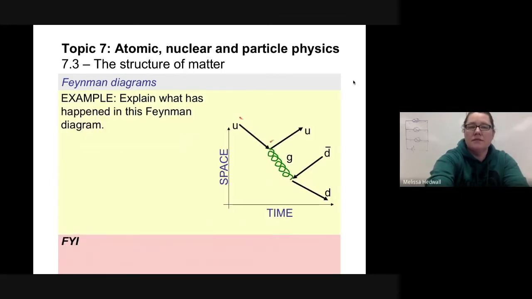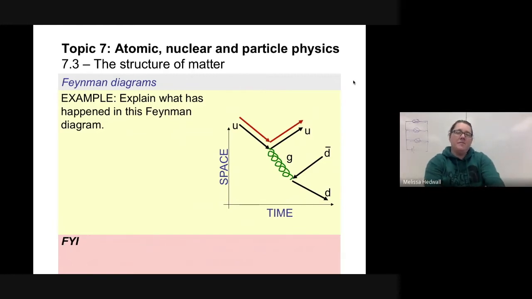So if we look at this Feynman diagram here, we have an up quark, and it continues as an up quark. But in the process, we have a gluon, so our strong nuclear force. See how that's drawn with the curly lines there. And then we have a down and an anti-down quark that are being created from that strong force.